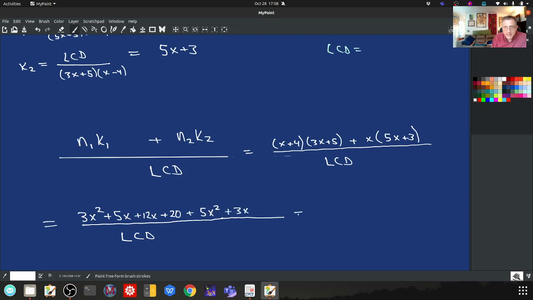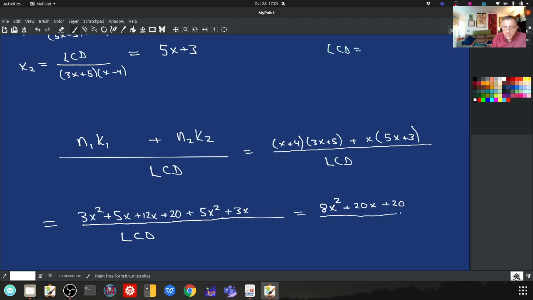So now I collect like terms. 3x squared plus 5x squared is 8x squared. 5x plus 12x is 17x, plus 3x is 20x. And then my constant term is 20.